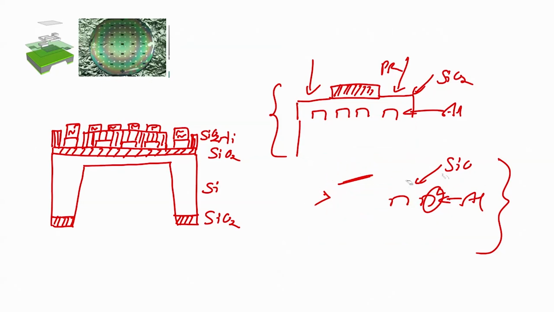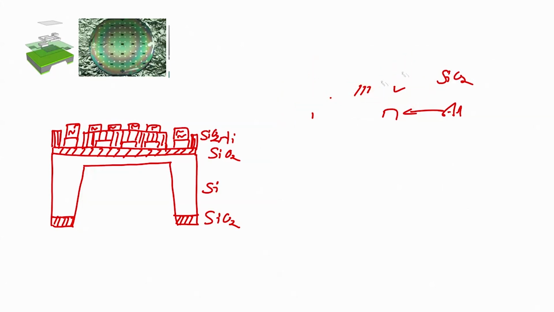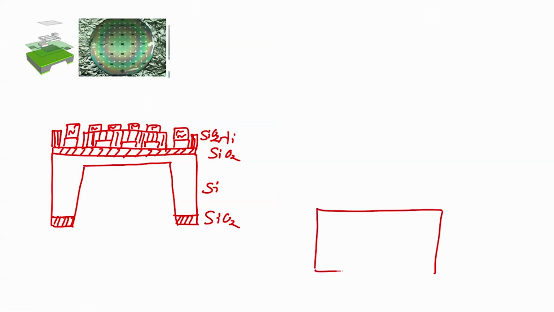So, what is an alternative technique? Alternative technique would be, if I want to have a wafer with aluminum and SiO2 only in this part, then how about this?